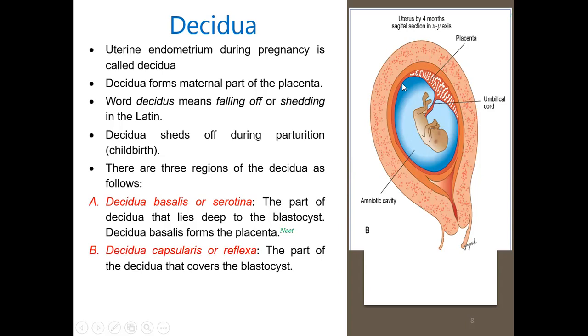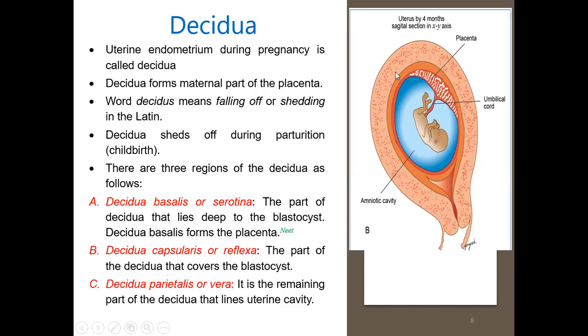Then is the decidua capsularis. We all know that the extra embryonic mesoderm and the cytotrophoblastic shell were enclosing the whole of the fetus. So the decidua capsularis or reflexa is the part of the decidua which will cover the whole of the blastocyst. And finally, the decidua parietalis. Later on the syncytial trophoblast will extend towards the whole of the endometrium.